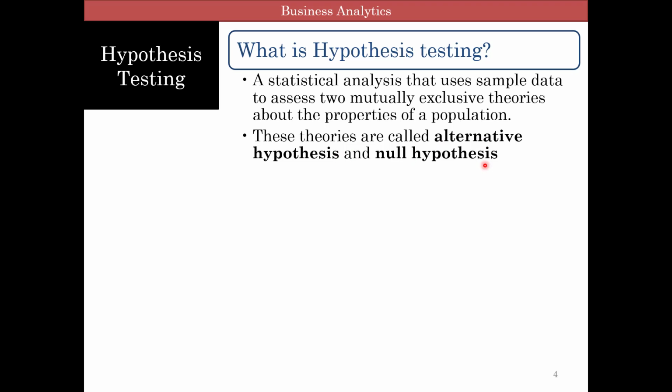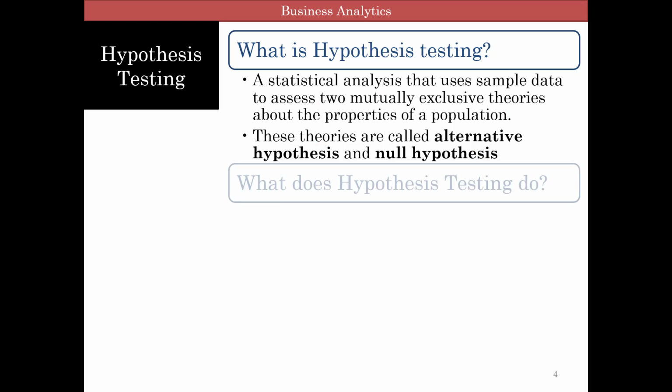But really, the alternate hypothesis is normally the theory you have and the reason for which you're doing this test. And the null hypothesis is usually the default, essentially saying nothing is happening, there is no new phenomenon, nothing has changed. And that's what the null hypothesis is.